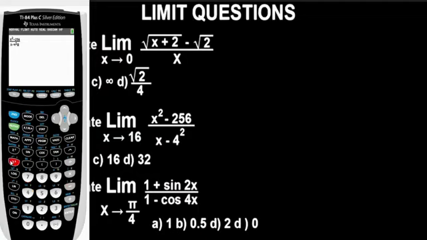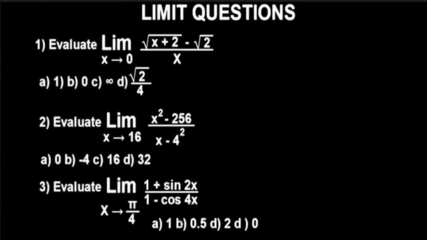All right, so that's it, guys, we are good to go. Let's press enter now. So we have 32 as the answer, which is option D. All right, so guys, this is very interesting. It's as simple as this.